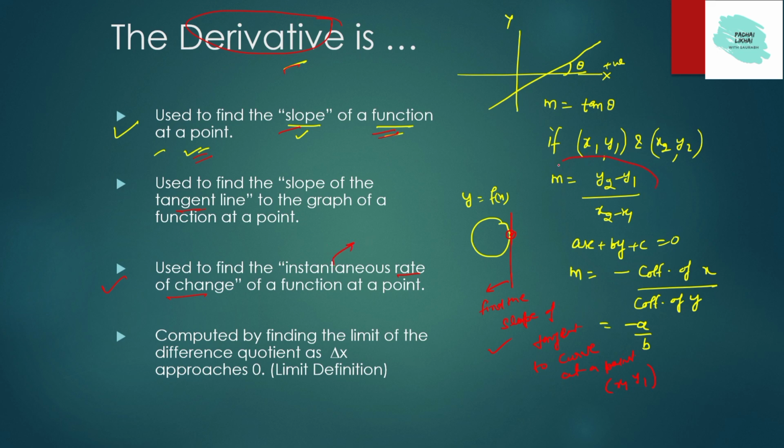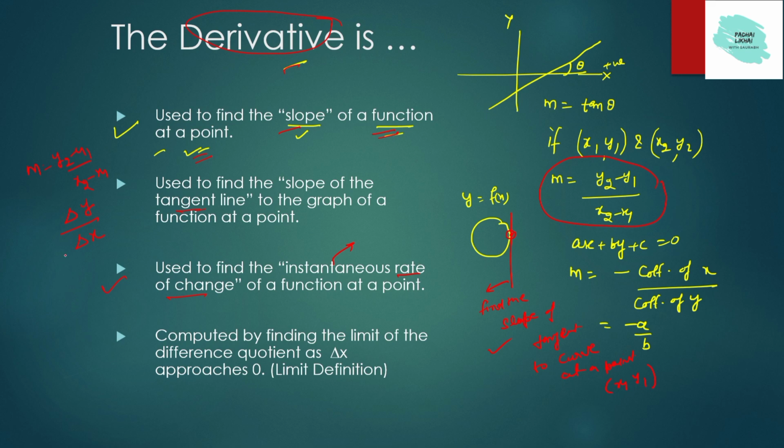If we consider the definition m equals y2 minus y1 upon x2 minus x1, then we can say it is delta y, the change in y, upon the change in x. As x changes, what are the changes in y? This is called the rate of change in y with respect to x.